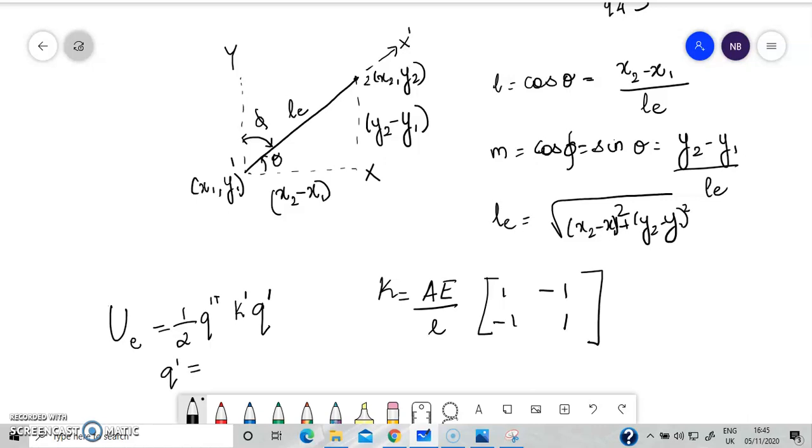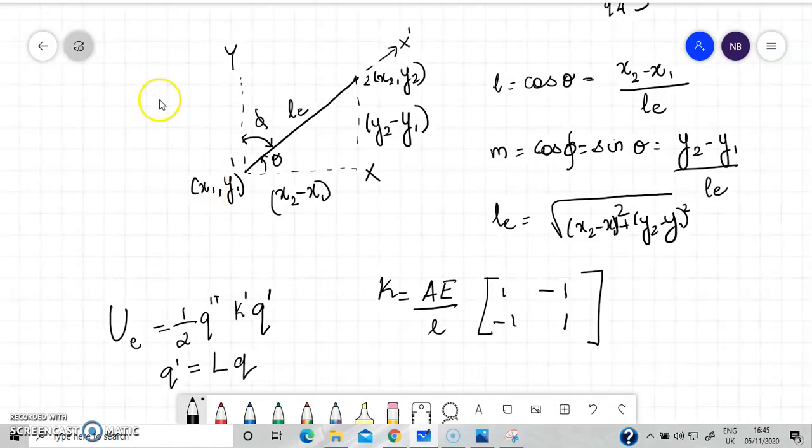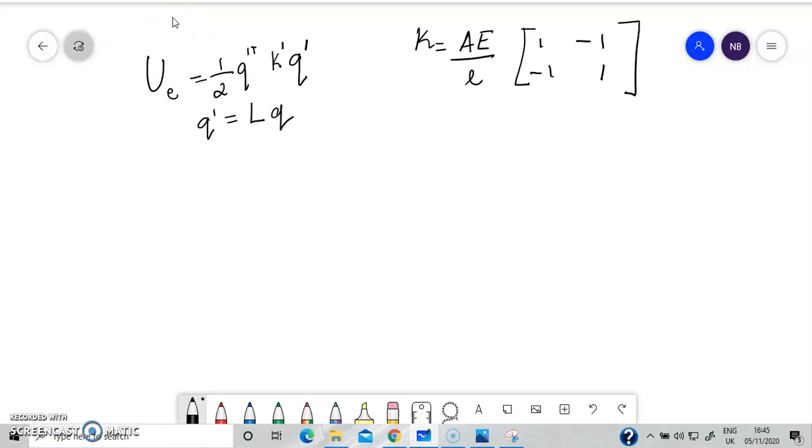Substituting Q dash equals L into Q in this equation, we will get UE equals half. Now Q dash is L into Q, so if we take a transpose of that, the placement of the terms changes.